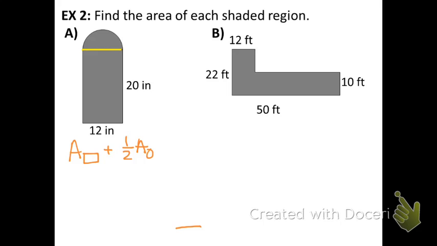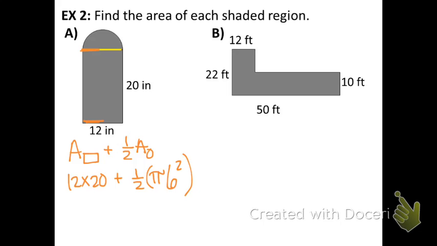For the rectangle we use 12 by 20, and then for our circle we'll take half of pi r squared, I should say, and our radius here is halfway across the bottom, so that would give us 6 squared.